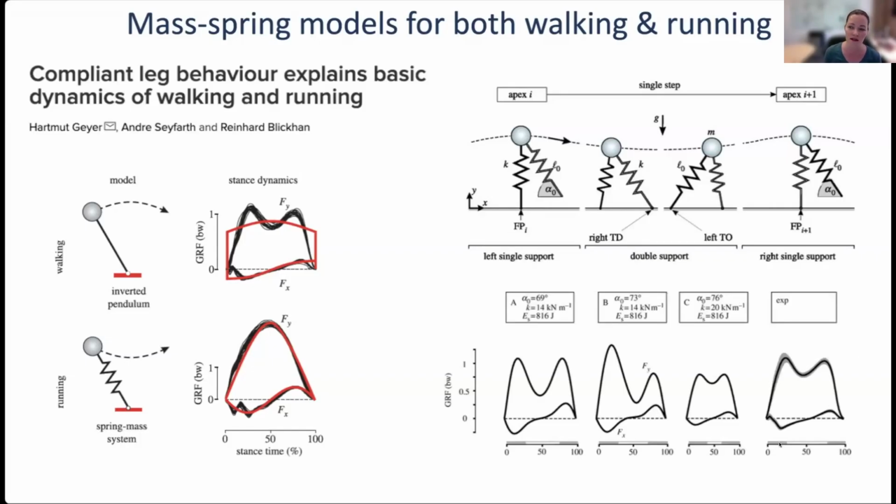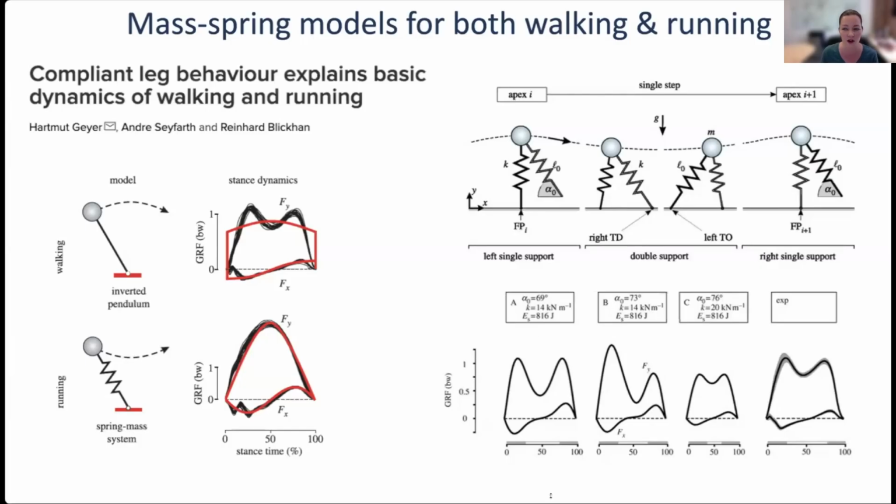To replicate the mass spring dynamics that we observe in human and other biped animal walking, you can replicate that characteristic M shape that's observed in experiments by varying different leg contact angles and the stiffness of the leg.